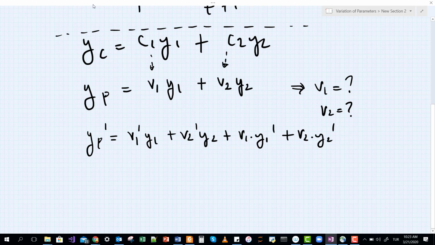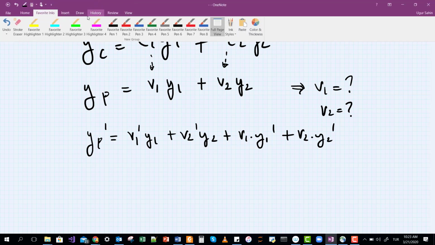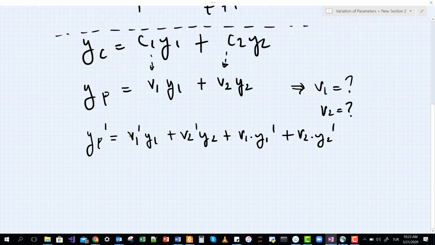This is why, at this step, I'm going to make another assumption, guys. So what's going to be this assumption? This assumption is going to be about this part. Look at that. To simplify my job, I will assume this will be 0.